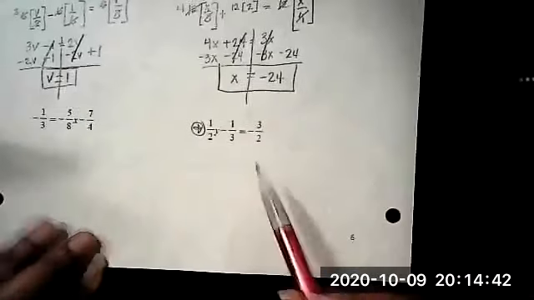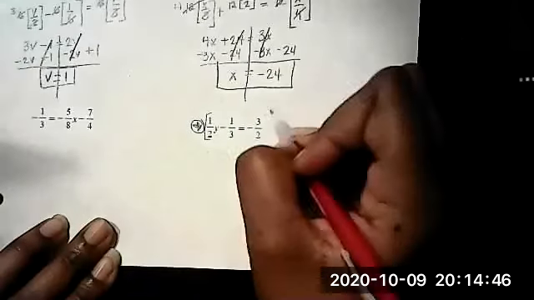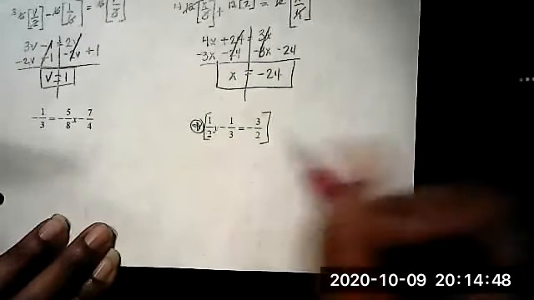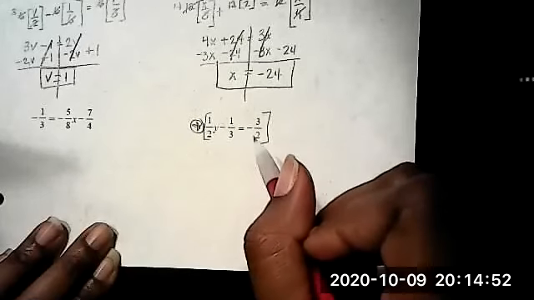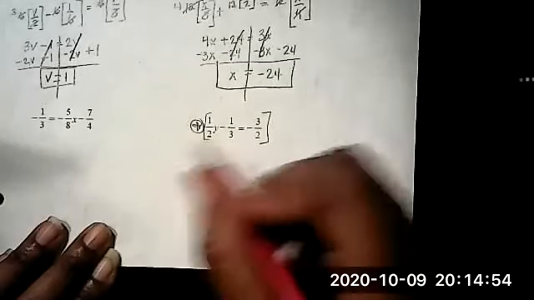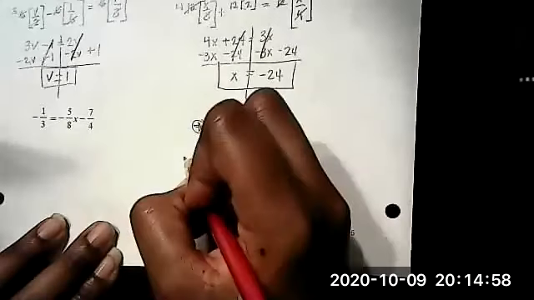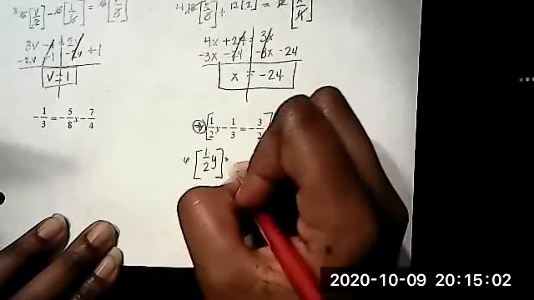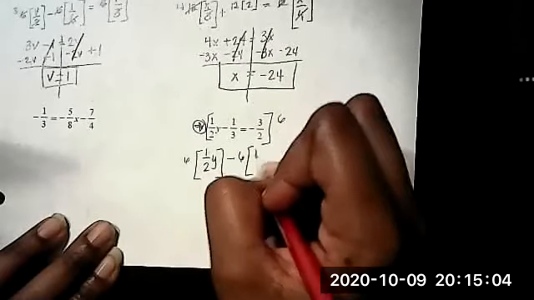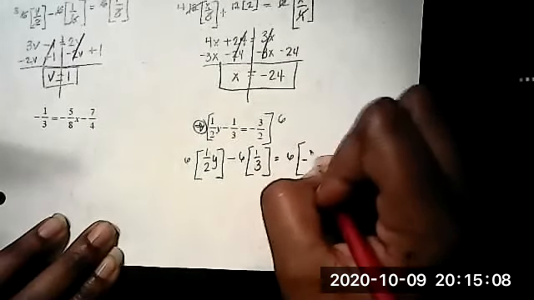Same situation here. We're going to find the least common denominator and then multiply everything by it. So it looks like it's 2 and 3, so 6. 6 is the LCD for that. So it'll be 6 times this minus 6 times this equals 6 times this.